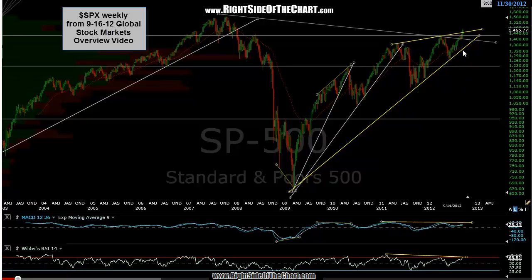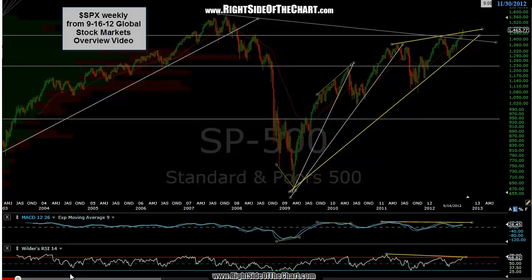This is the weekly chart of the S&P 500 back then, taken on 9/16, and I talked a lot about the wedge overthrow here in a lot of the U.S. indices. We had these overthrows of these rising wedge patterns with negative divergences in place below, and I talked about how almost always, or at least more often than not, those negative divergences tend to play out, especially when we come across those on the weekly time frames in conjunction with bearish patterns like rising wedges.